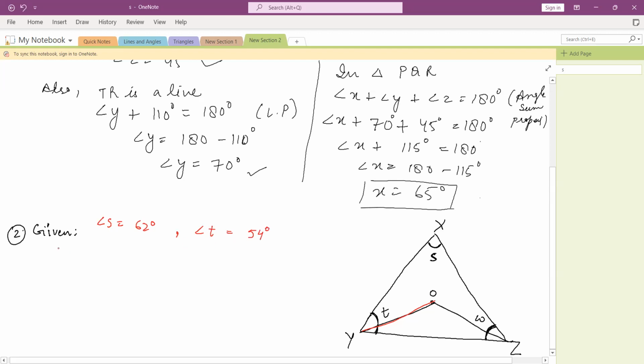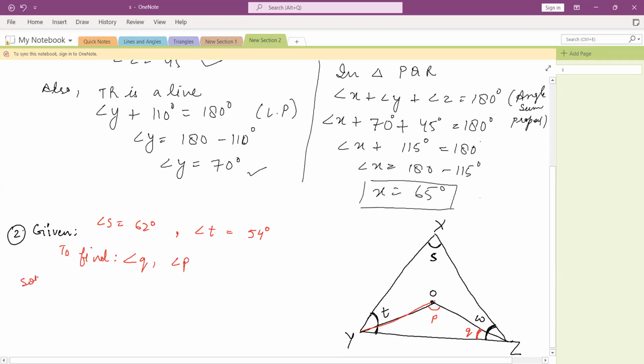What you have to find is angle Q and angle P.